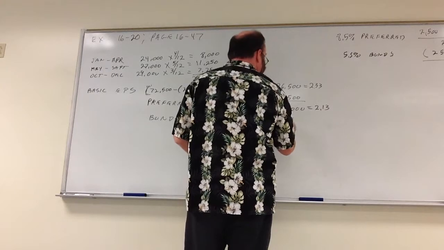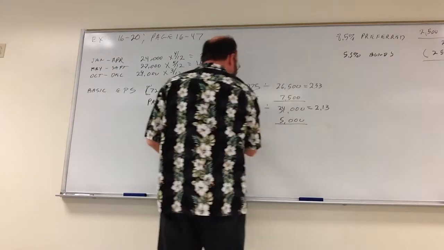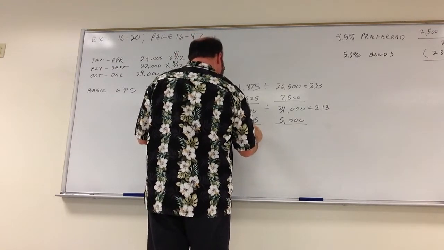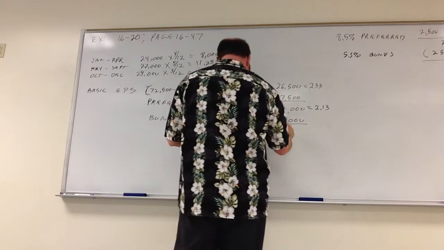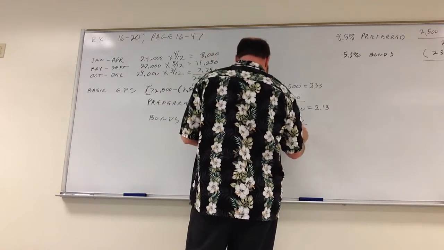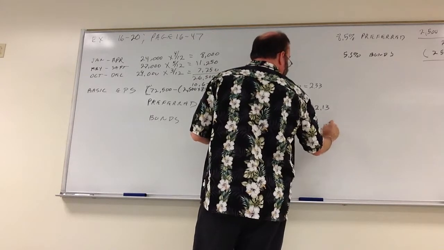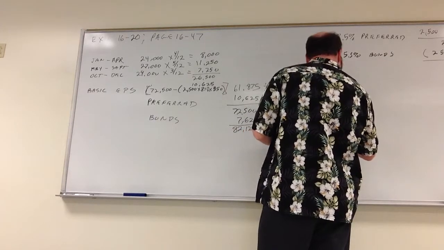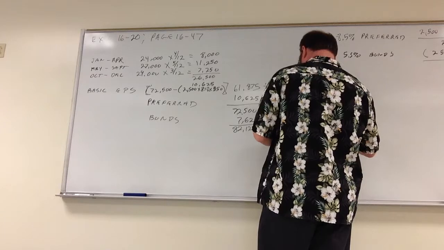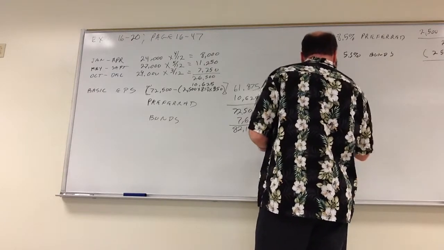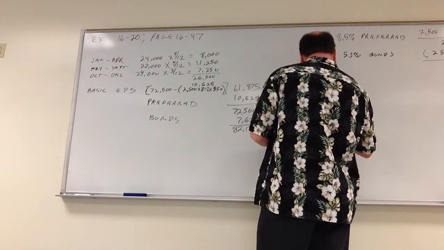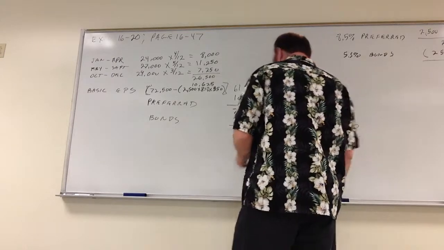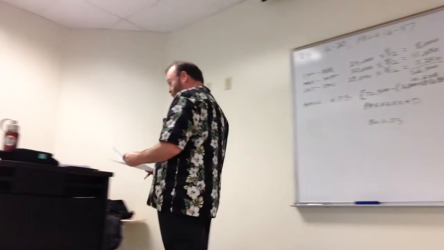The denominator is 5,000. Add those together, you get 82,125 divided by 39,000. And that equals $2.11. And that is the diluted earnings per share, and that's what you would report on the income statement.